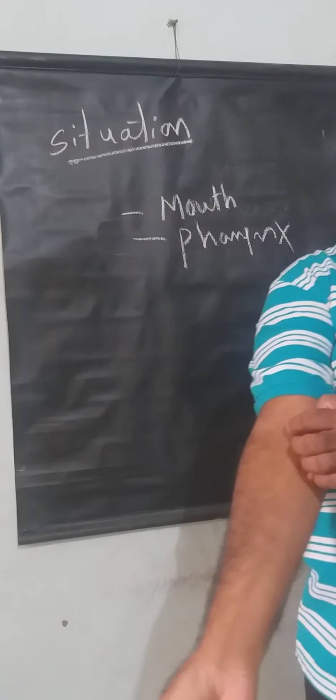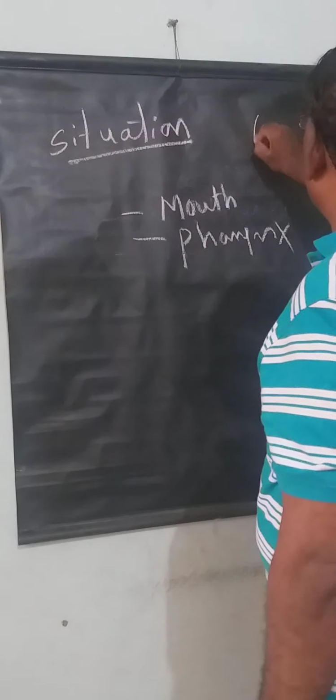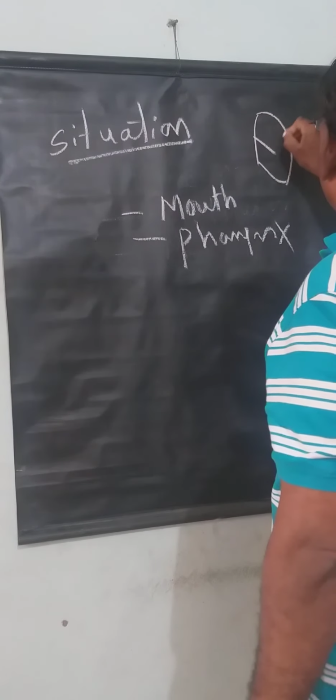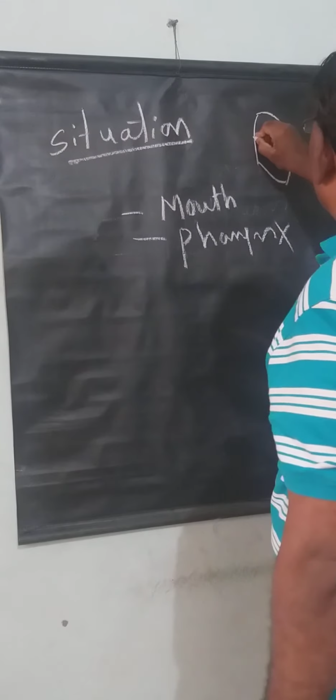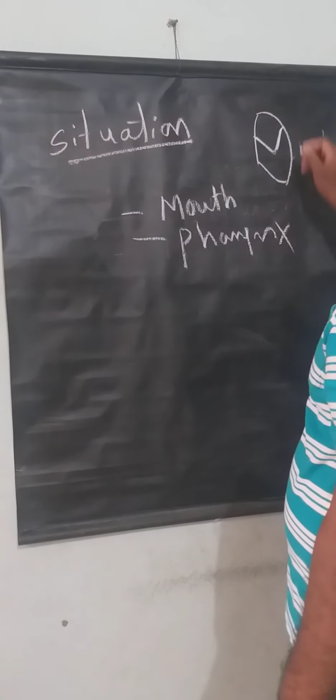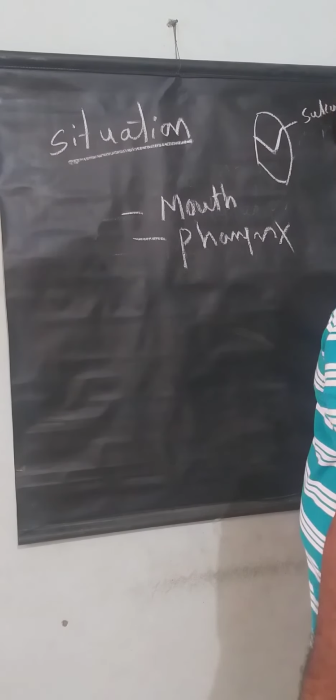It is present partly in the mouth and partly in the pharynx, and separated by a V-shaped sulcus. I give a schematic diagram of the tongue. It is the sulcus terminalis.